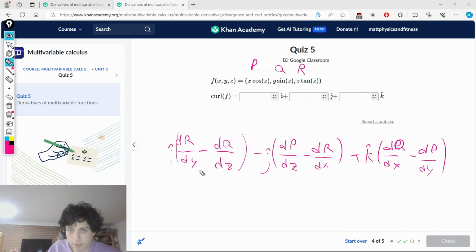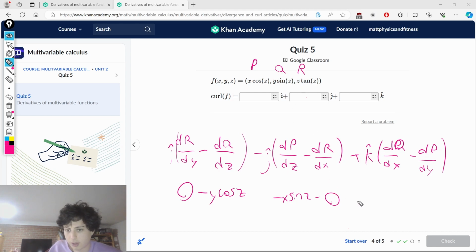Okay, this is what I think we got. Let's try it. dr dy is 0. dq dz is y cosine z. Nice. dp dz is negative x sine z. dr dx is 0. Do we ever get dr dz?